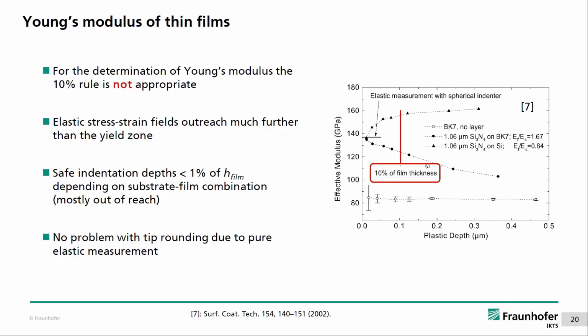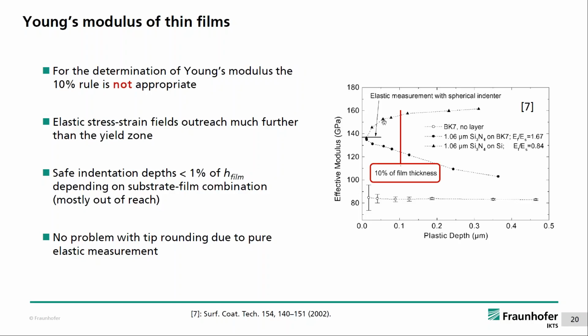You can see this here for 2 different film systems, and the red line here is 10% film thickness, and this is the reference value of the film modulus, and you see at 10% you're far away from the real modulus. It is still full of substrate influence here, so the substrate on this measurement is somewhere here, and the substrate is somewhere here, and you still have substrate influence.